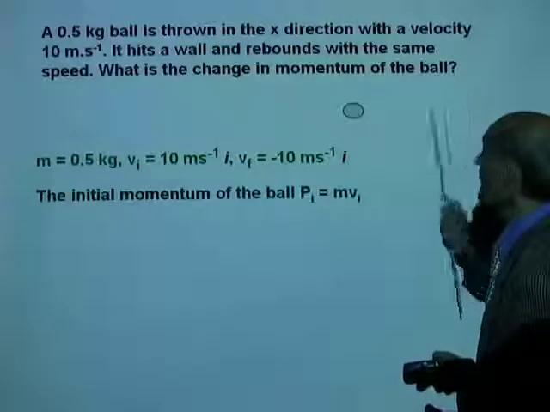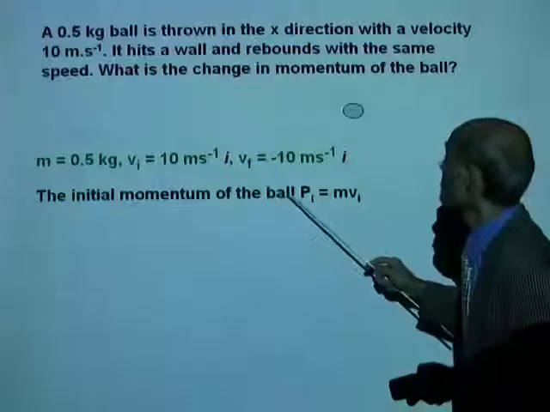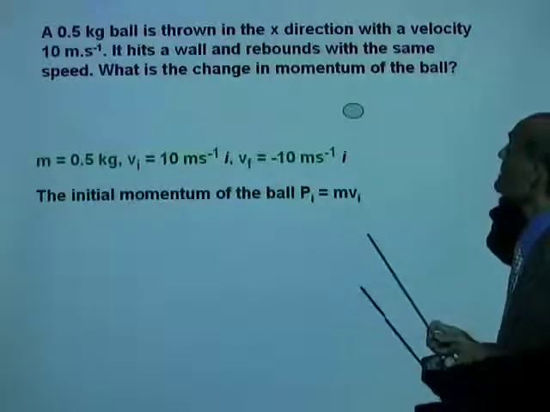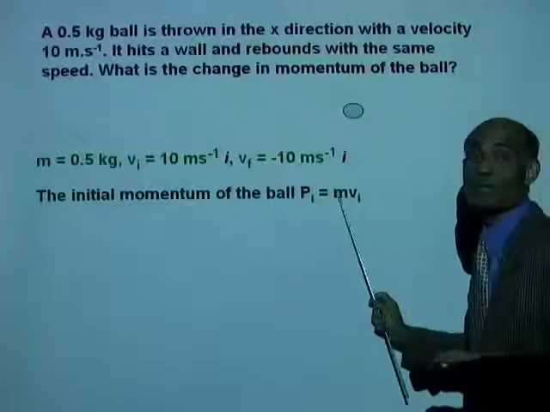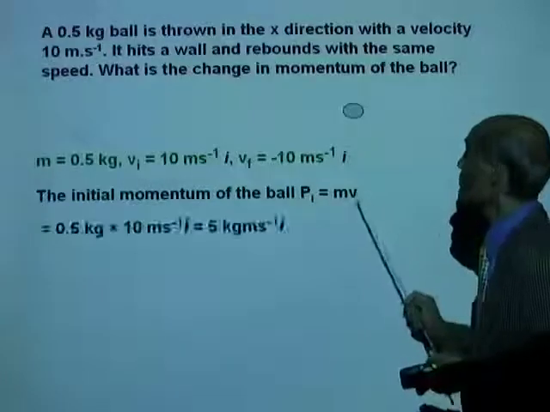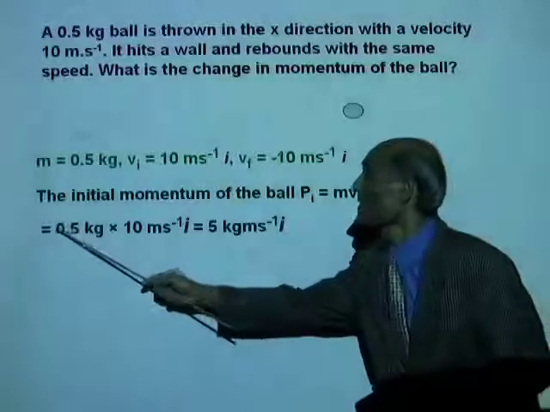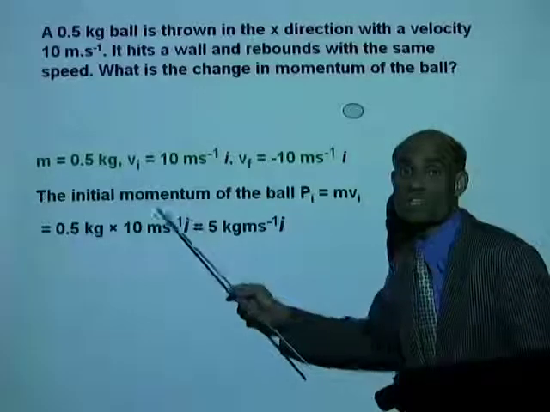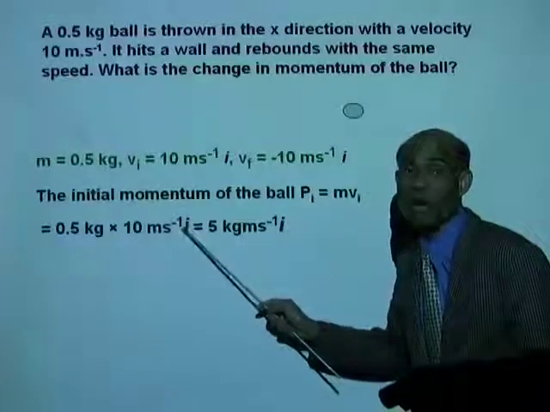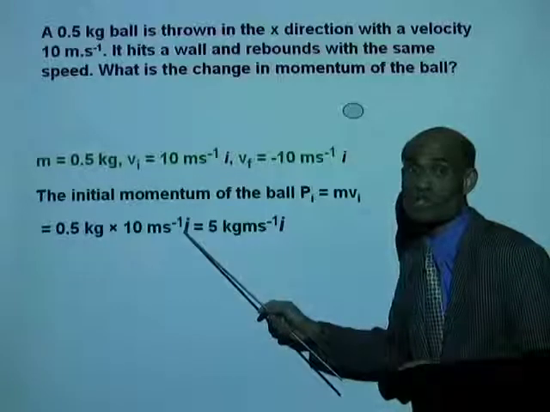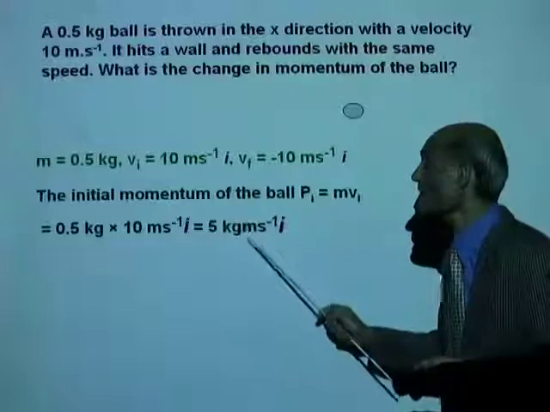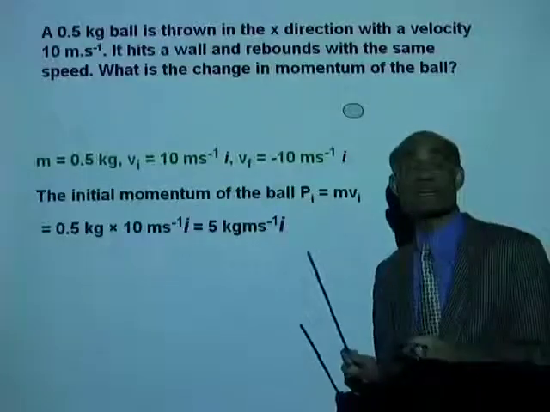Alright, now the initial momentum of the ball is Pi equal to mvi. Is that right? Mass times initial velocity. That will be, mass is 0.5 kilogram. Initial velocity is 10 meter per second i. I hope you now understand this. In the x direction. And that is 5 kilogram meter per second i.